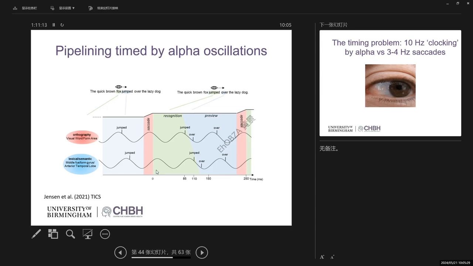The reason we're getting into this is that we have been doing all this work where we ask people to attend to the left, then we wait a second or two, and then we put up the stimuli, and then we look at the alpha band lateralization, which comes on after a few hundred milliseconds and then stays on for a good second, right? The problem with all this work is that if you saccade 3 to 4 times per second, maybe all that work is less relevant, right?